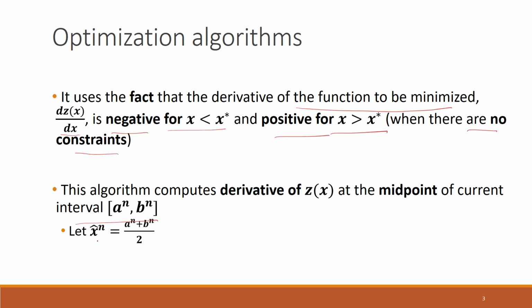The midpoint is (a_n + b_n)/2, represented by x hat n.